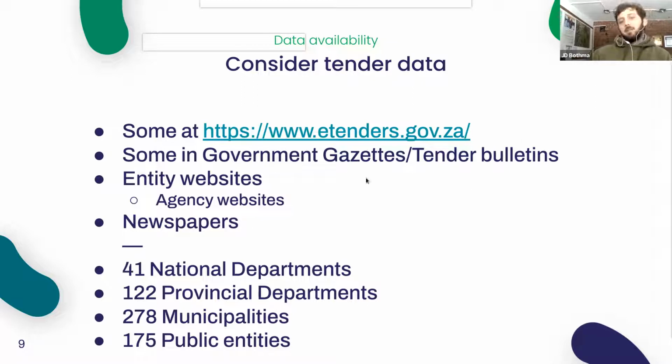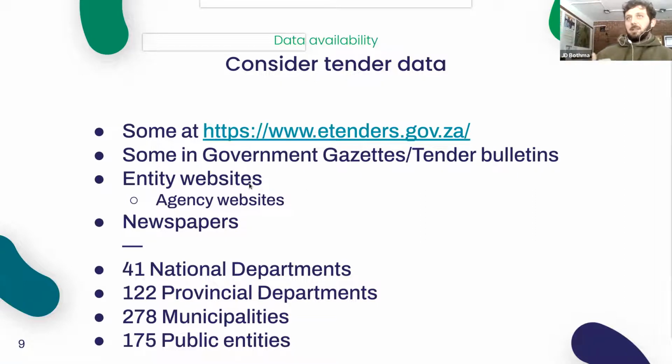Some tenders are available in government gazettes or tender bulletins, basically like a newspaper published by government as PDFs, and you can probably get paper copies as well, not exactly structured data. Some tenders are available on the entity websites like the departments, the municipalities, the public entities, and their agencies.